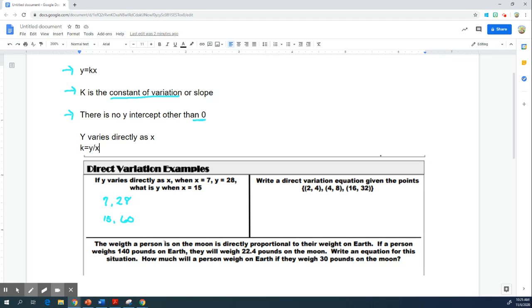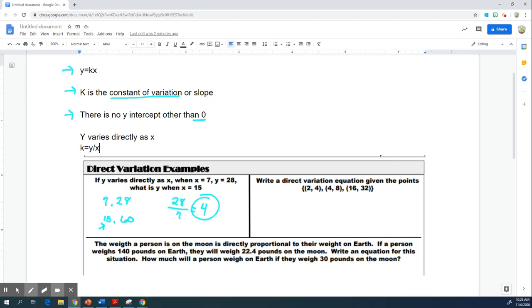That's basically what you're doing. If you plugged it into this formula, you would have said 28 divided by 7 gave you 4. That way you know what the constant is, so you know what the x is getting multiplied by to get your y.